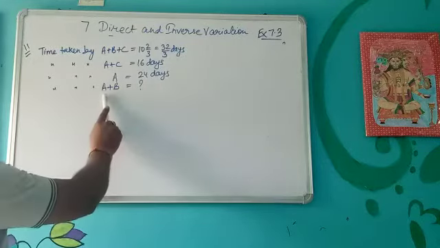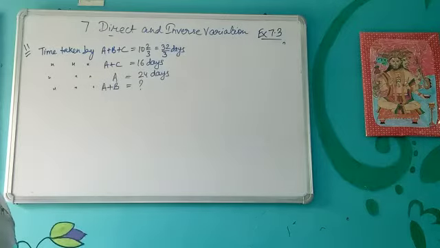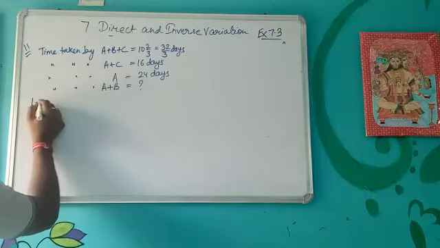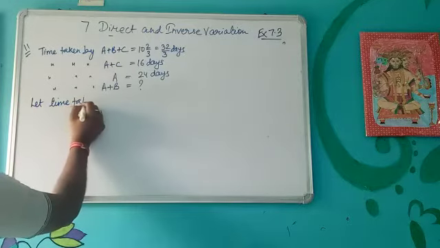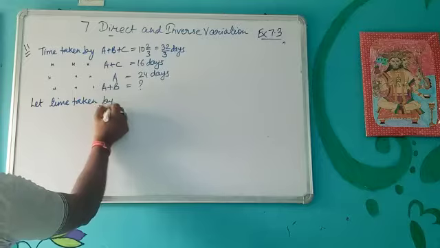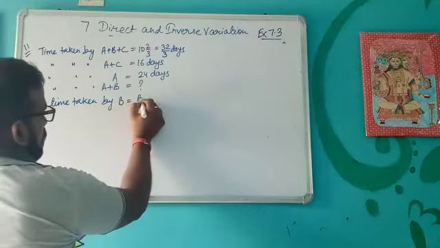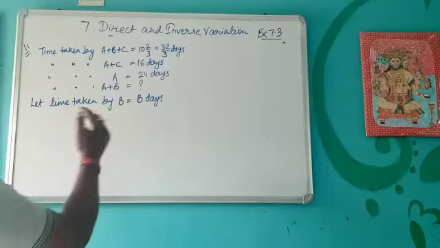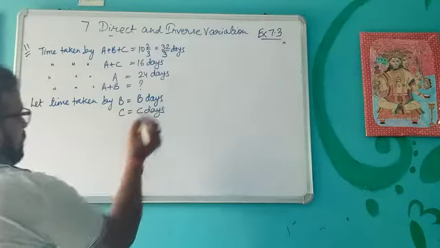So for that, what do we need? We need the time taken by B to complete the work. So let's assume the time taken by B equals B days and C equals C days.